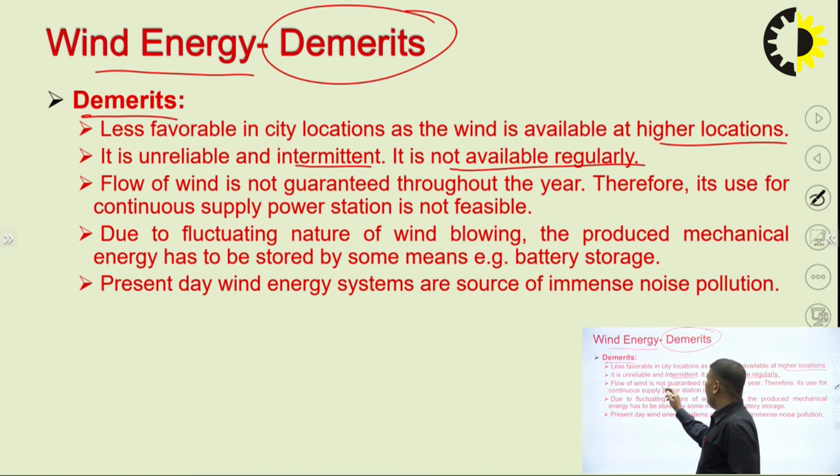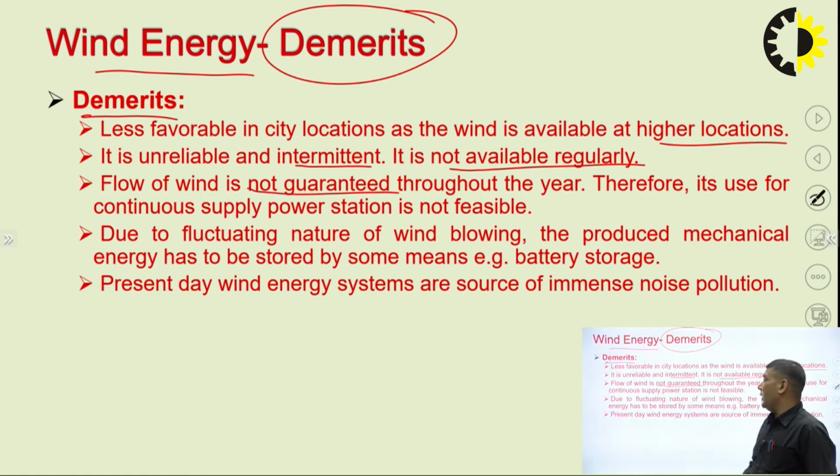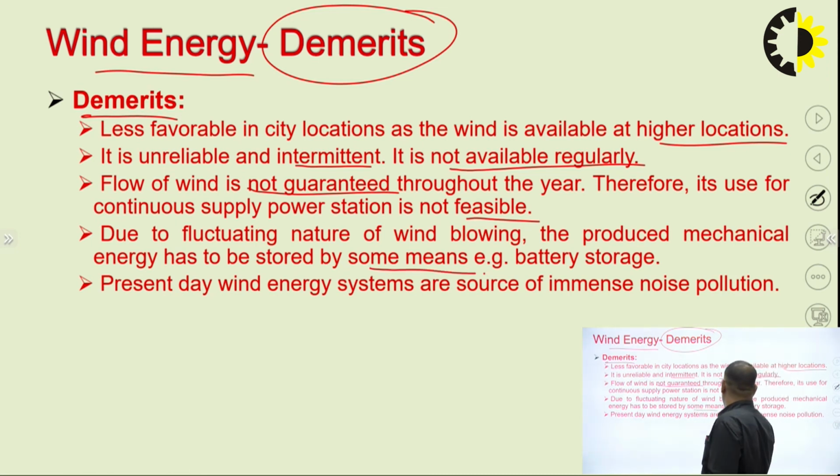So flow of wind is not guaranteed. Okay, this is another demerit, a darker feature of this technology. Therefore, a continuously supplying power station is not feasible. Due to the fluctuating nature of the wind, the produced energy has to be stored by some means, like battery storage.